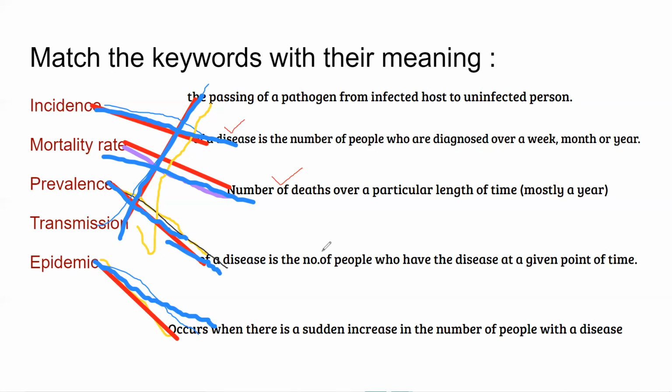Prevalence means the number of people who have the disease over a very vast period of time, maybe a decade or a century, or a given date. Like on 15th of February, how many people were detected with COVID-19 and showed symptoms. So that is the prevalence of the disease. Whereas incidence of the disease is the number of people who are diagnosed over a bigger span of time.